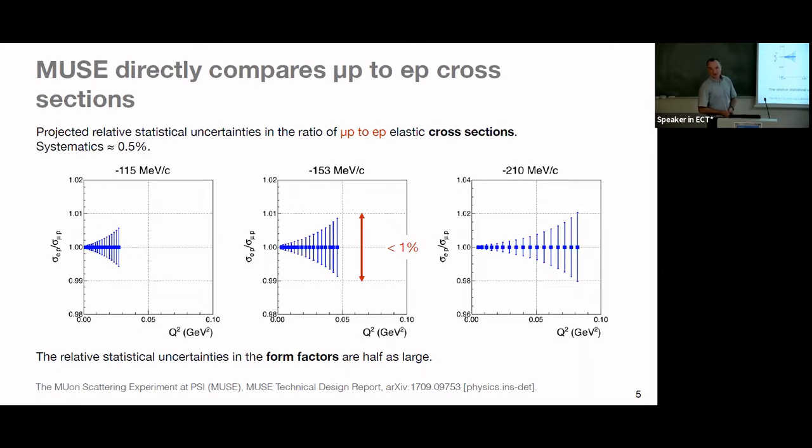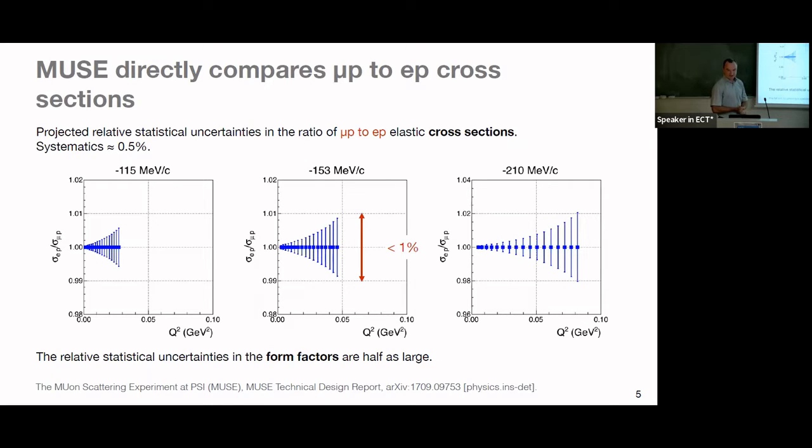MUSE is not only about the proton radius, it's also allowing us to compare electron and muon cross sections over a wider range of Q square. We aim for systematic uncertainties in this ratio quantity of about 0.5%. This is a very ambitious goal. Statistical uncertainties will be comparable.